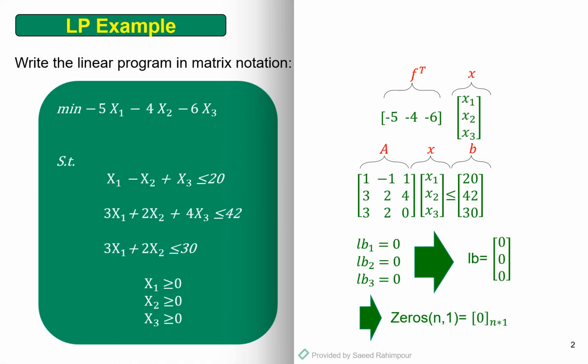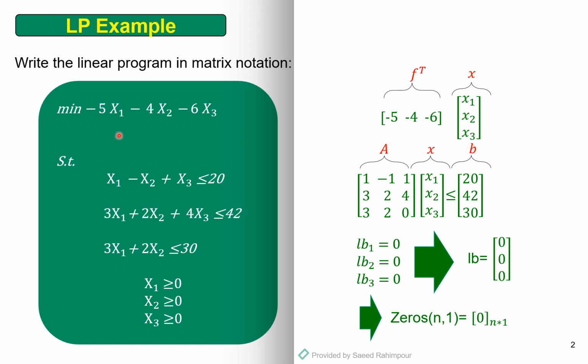So let's look at one LP example here. We have our objective function that is subject to different types of constraints. In this step, we need to transform the linear model to the matrix notation.